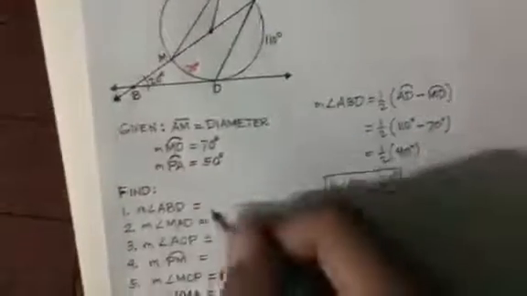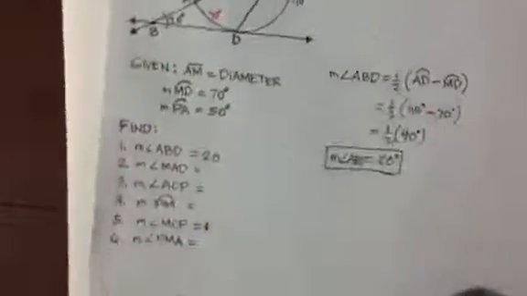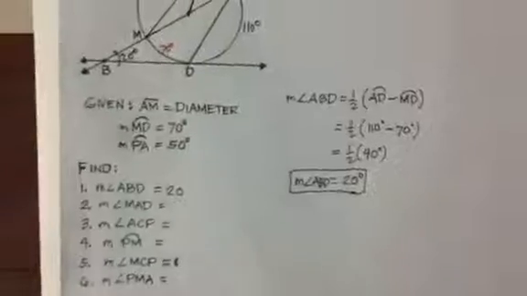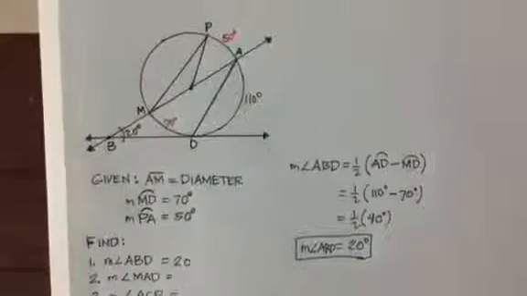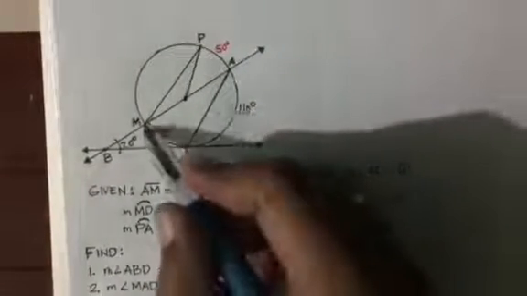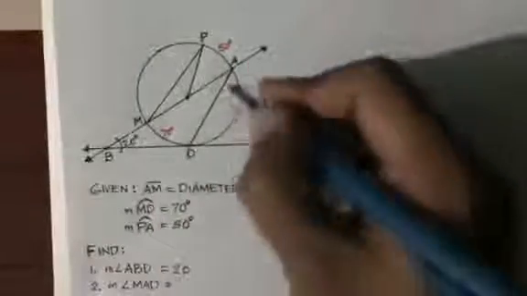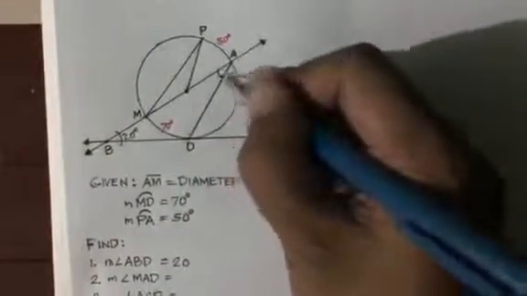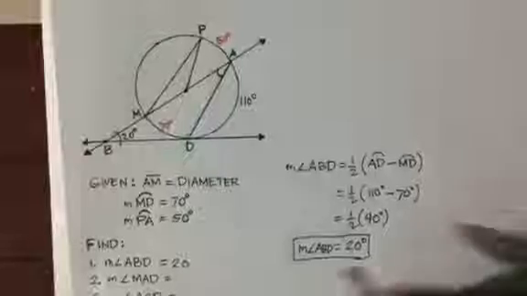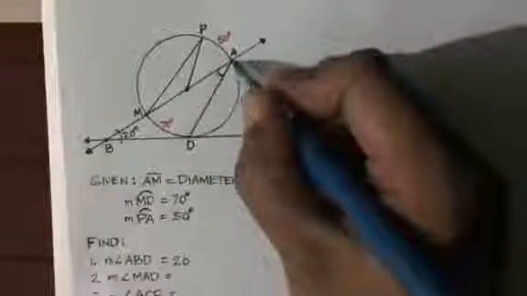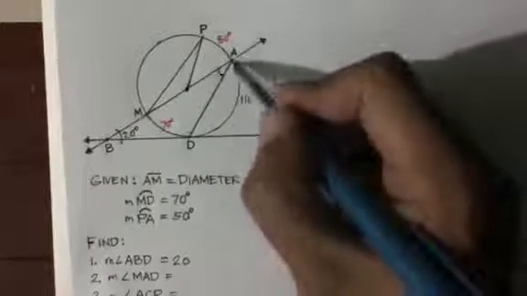Next, the measure of angle MAD. Where is MAD? This angle. This is an inscribed angle, since the vertex is on the circle.